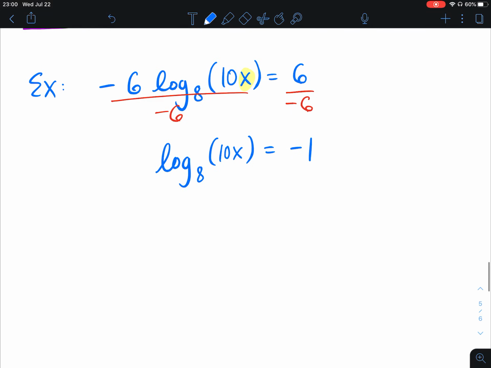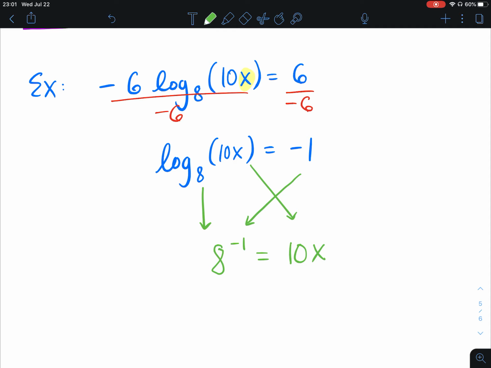So I'm hoping this starts making you think of this rewrite form, right? The rewrite from logarithmic to exponential. Getting rid of the log would definitely help in this problem. So if I rewrite log base 8 of 10x equals -1 in exponential form, the base of 8 drops, -1 crisscrosses, and it's equal to the argument.